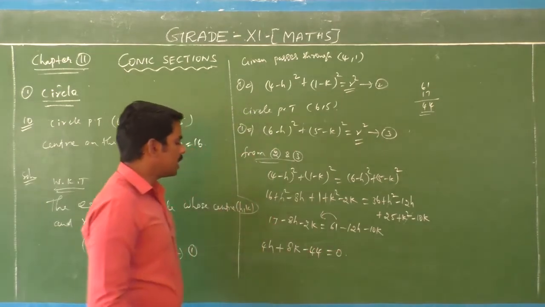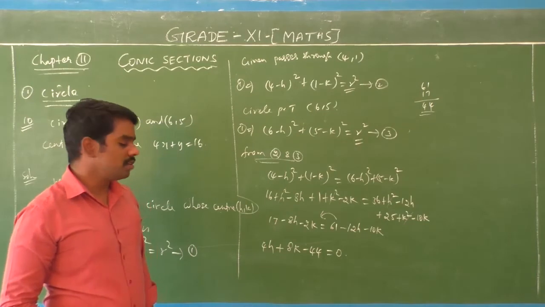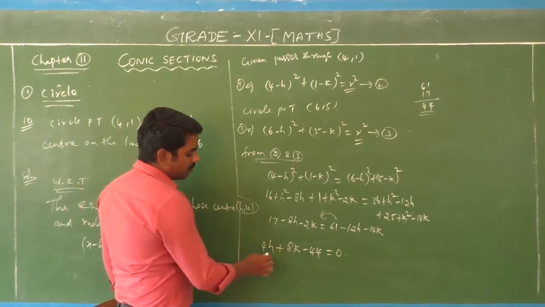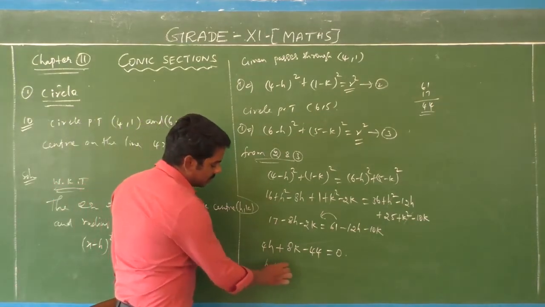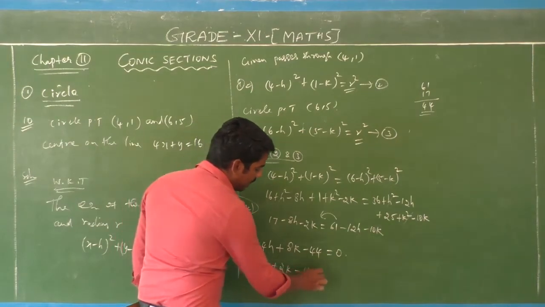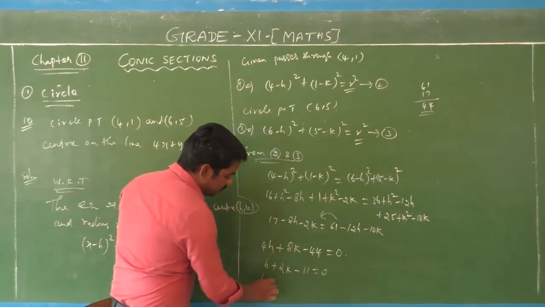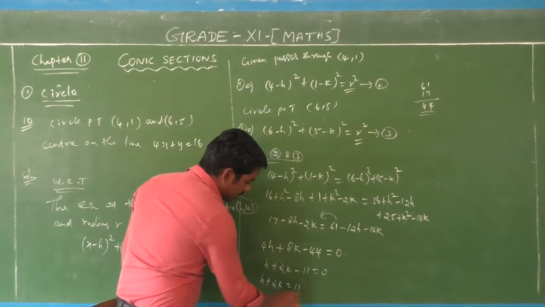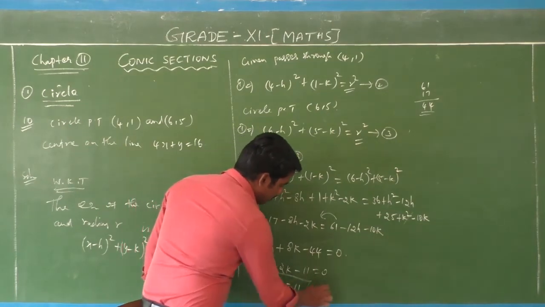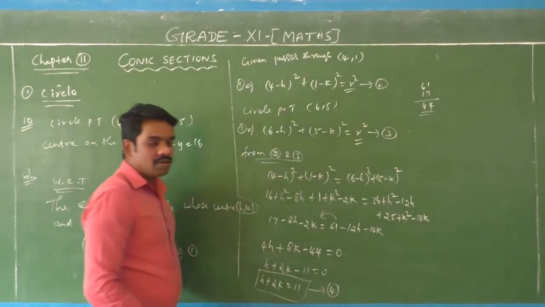So 4h plus 8k minus 44 equal to 0. Divide by 4 on both sides: h plus 2k minus 11 equal to 0. So h plus 2k is equal to 11. This is equation number 4.